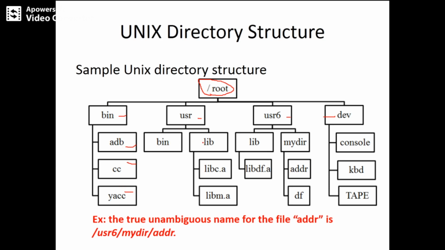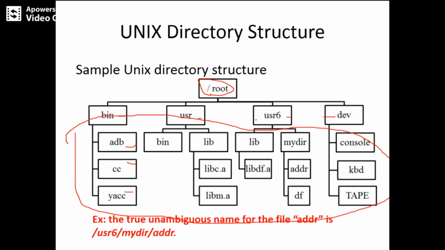User contains two branches, and under that you will have many more things. User 6 contains two more branches. Device contains console, keyboard, tape, all those things. All of this gives a particular structure to your files, right? All these files are kept in a proper structure, so that is why we call it a Unix directory structure.